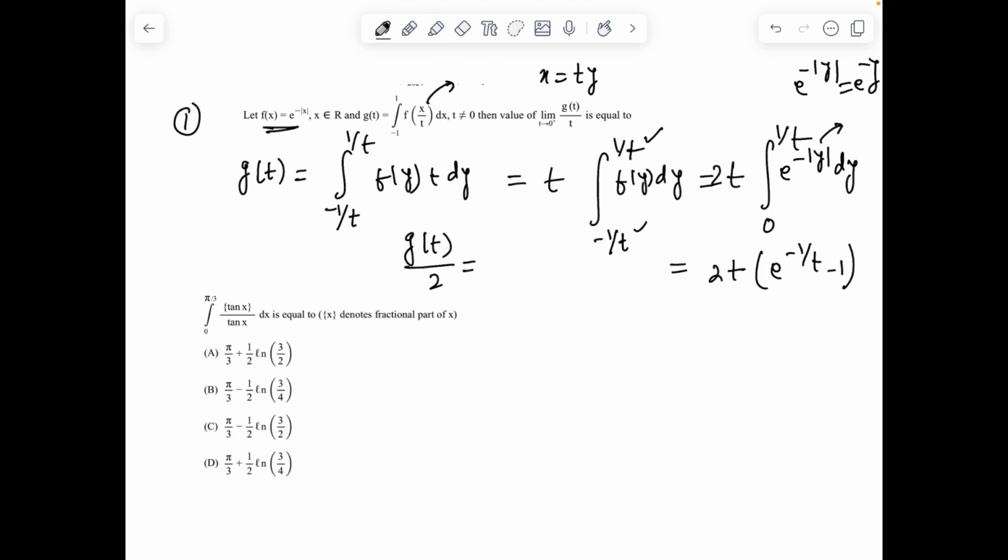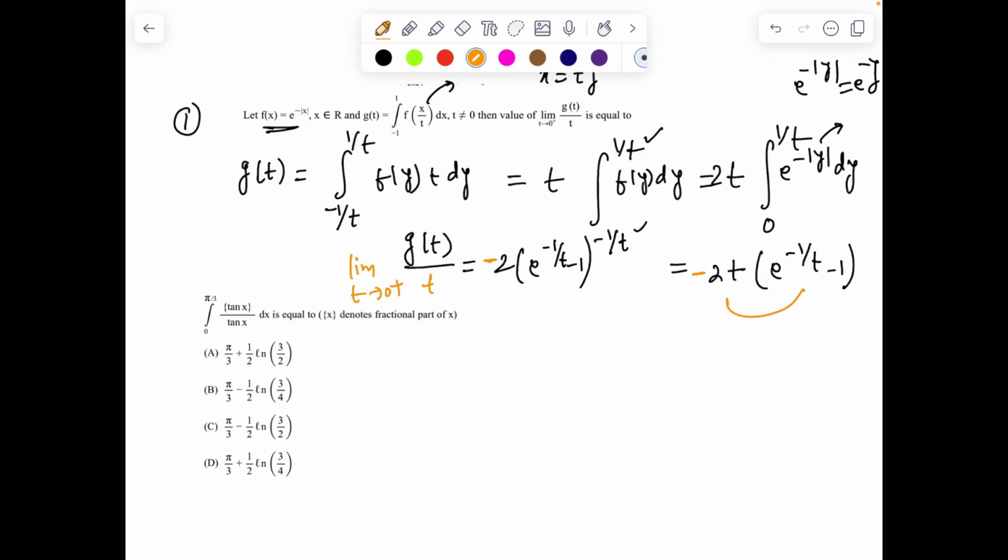So g(t) over t equals 2 times (e to the power minus 1/t minus 1). In fact it will be minus 2 times that, right, because the minus sign will come out. So when t is tending to 0 plus, this quantity is going to be 1 by e to the power infinity, so it tends to 0.